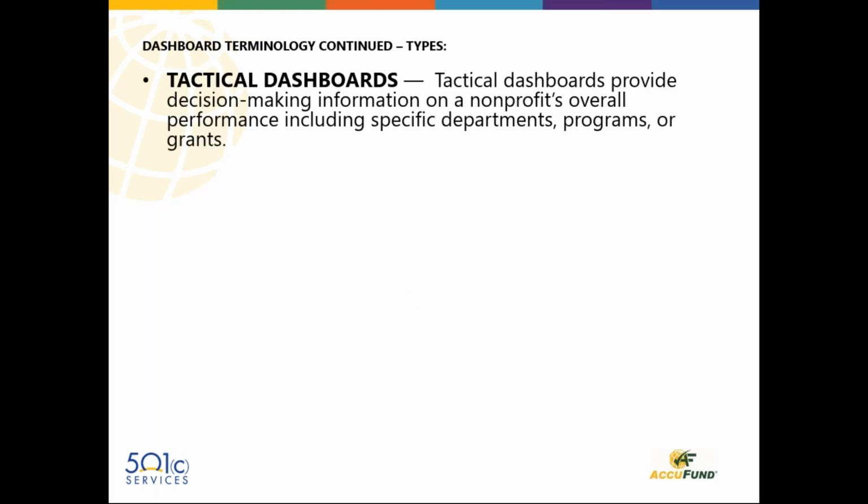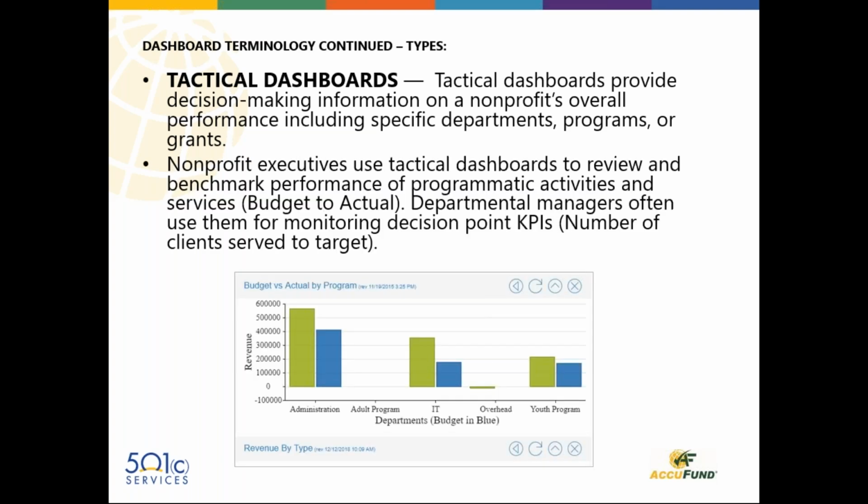Tactical dashboards provide decision-making information on a nonprofit's performance, maybe for a specific department or program or part of the organization. Whereas the liquid net assets gauge is the organization as a whole, a tactical dashboard can help you discern decisions you want to make. So here you have a dashboard that's a budget to actual by program.